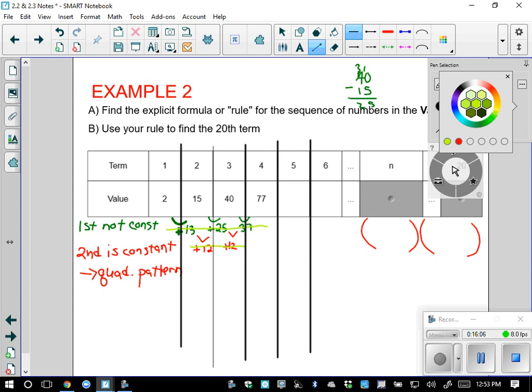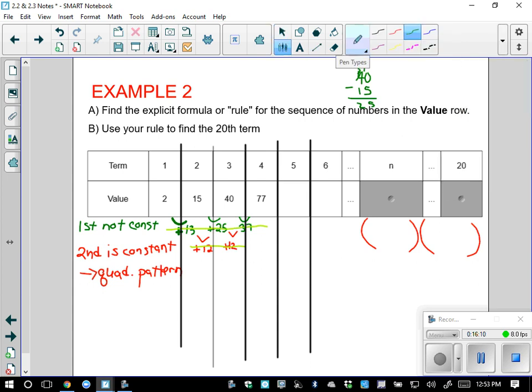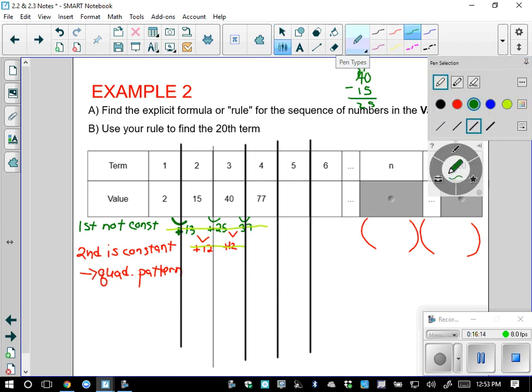I'll go with green. So now what I'm trying to do is look for a multiplying pattern. And this is one of the harder tasks.